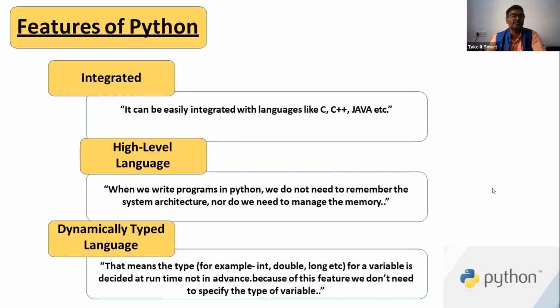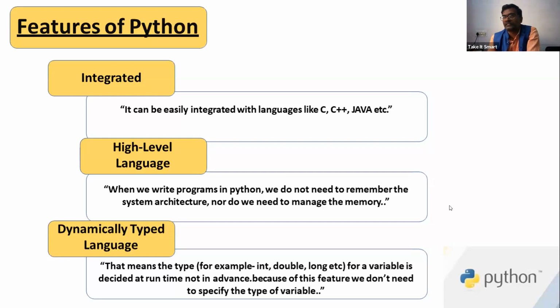Dynamically typed language, dynamically typed language. So what is the meaning of this? See, every programming language will have data types, because data types exist in this world. So when we do programming, it is also required to separate different data as per their type.